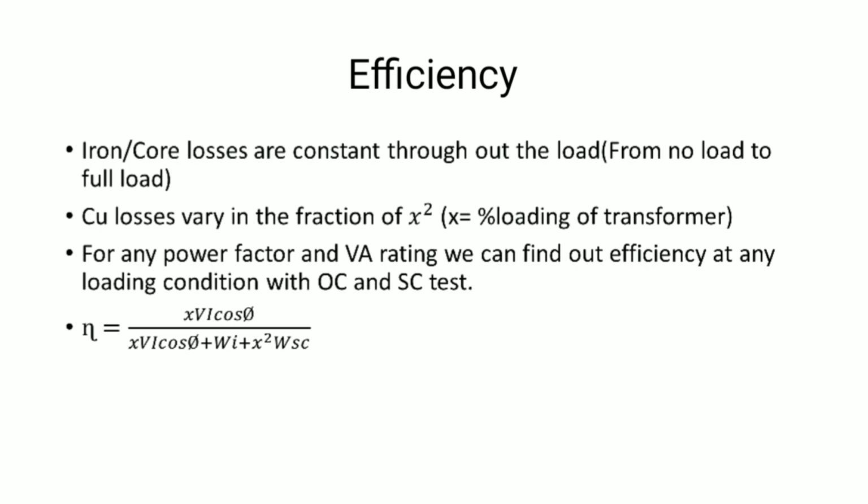So if X is the percentage loading of the transformer, then formula for efficiency is X into kVA rating into cos phi divided by X into kVA rating into cos phi plus iron losses plus X square copper losses. So if the loading of the transformer is vary in the percentage of X, if you see the copper losses vary in terms of X square.